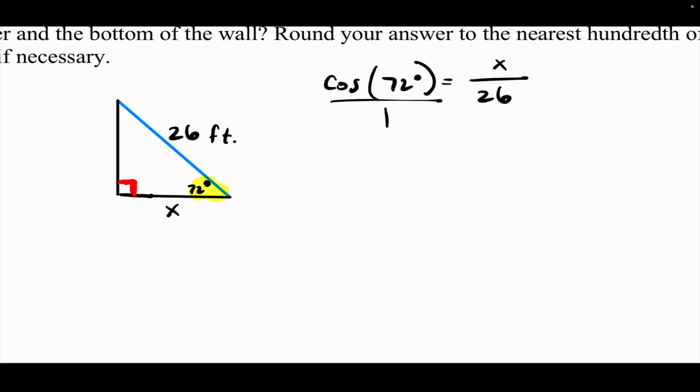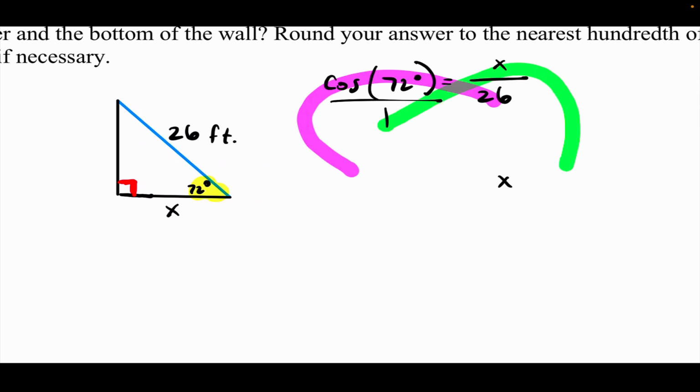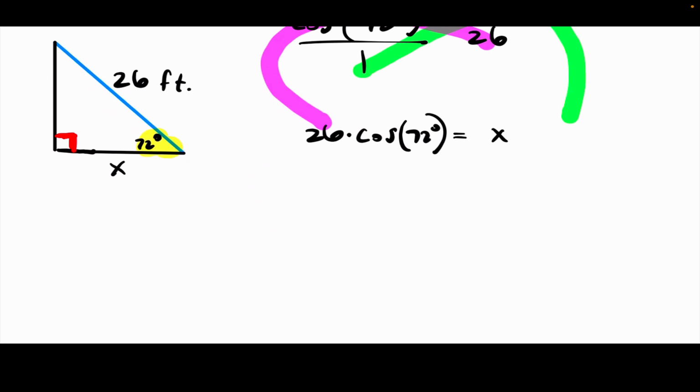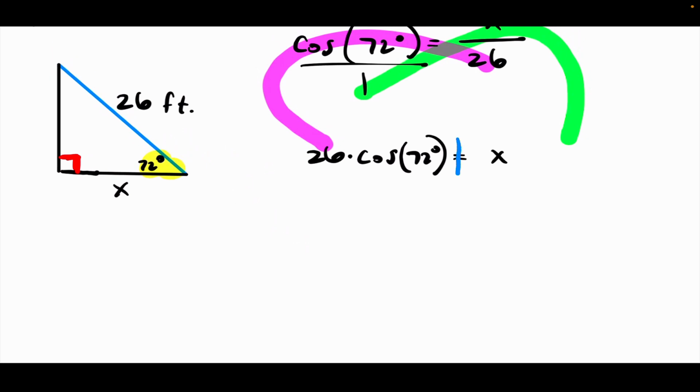Okay. Cross diagonal multiplication. Cosine 72 degrees. I don't have to divide this one. No division needed because x is already by itself. So just multiply.